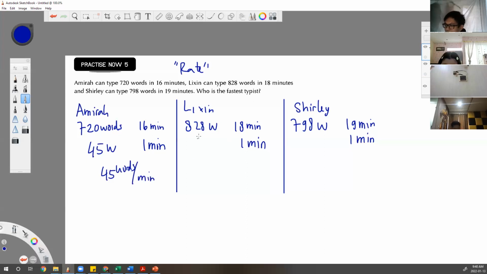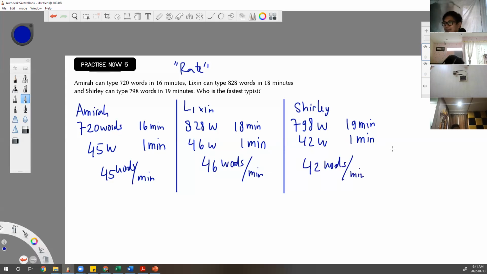And how about this? 828 divided by 18, right? I use calculator. So Lisin can type 46 words in 1 minute. So 46 words per minute. And how about Shirley? 798 divided by 19. It is 42. So 42 words per minute.